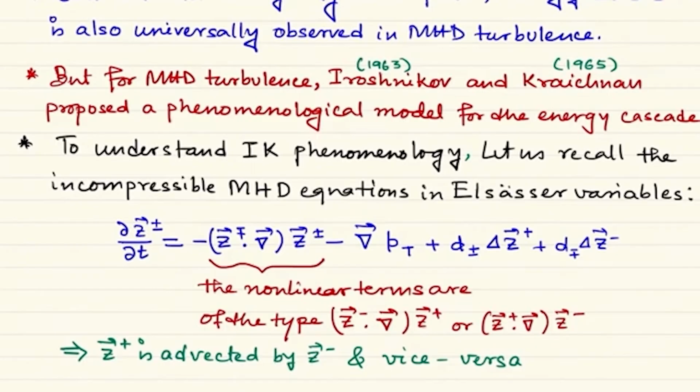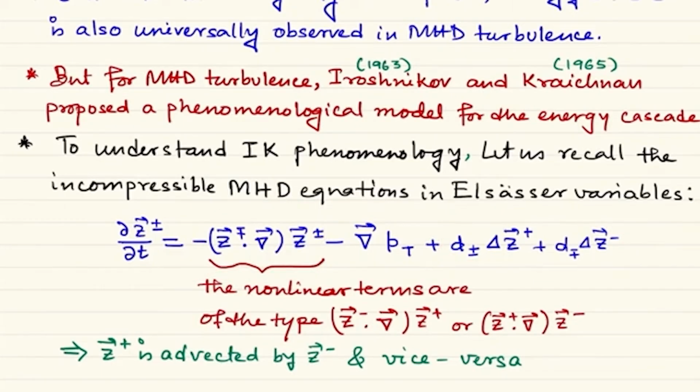So, ∂Z±/∂t is equal to minus Z∓ dot nabla Z± minus nabla P_T, that is the total pressure, plus D± Laplacian Z+ plus D∓ Laplacian Z-. So these two terms are the dissipative terms. We are not really interested in those dissipative terms, because in turbulence we are mostly interested in the nonlinear terms, which actually dominate these dissipative terms.